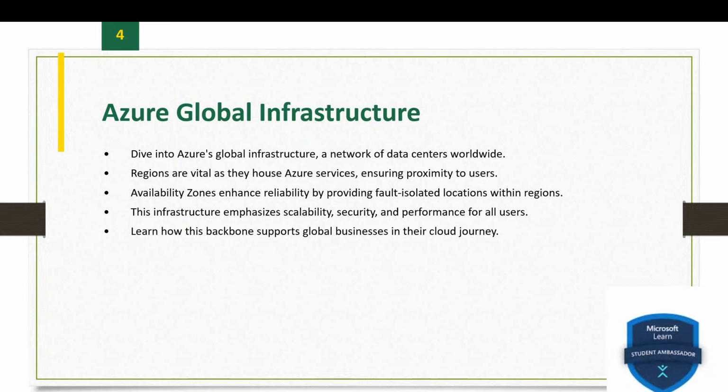And high availability. By deploying services across multiple availability zones, organizations can achieve high availability for their applications with minimum impact in the event of a failure in a single zone.